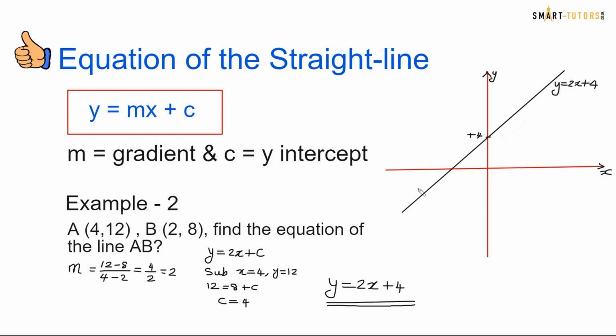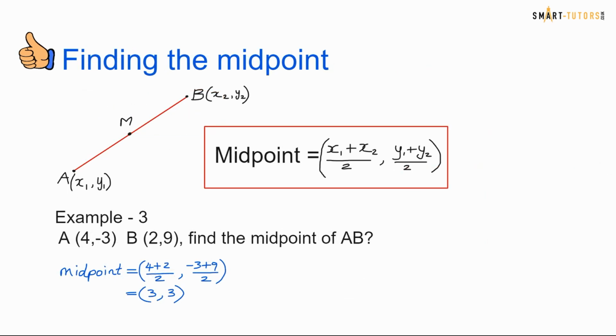The next thing we need to know is finding the midpoint. Let's say the point A coordinate is (x1, y1) and the point B coordinate is (x2, y2). To find the midpoint, we need to add the x coordinates and divide by 2, and then add the y coordinates together, then divide by 2.